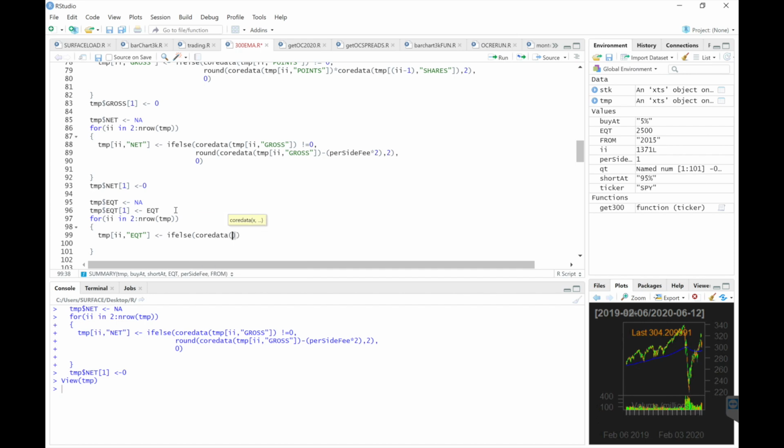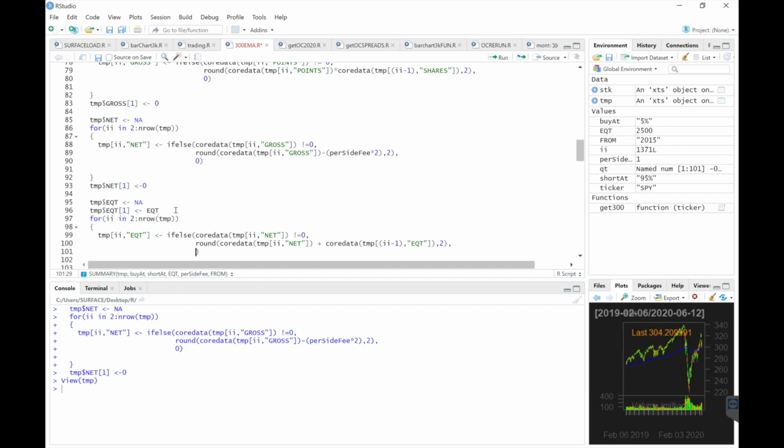So if core data, temp, current iterator, net is not equal to 0, I'm going to round core data, temp, iterator, net plus core data, temp, iterator minus 1, equity, and round that to 2.